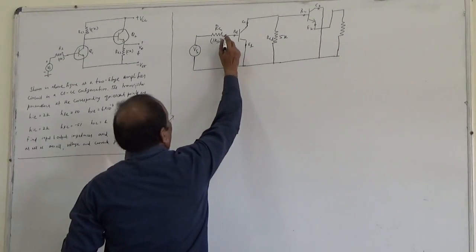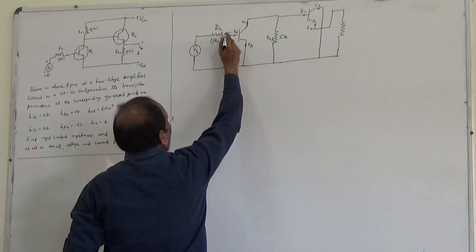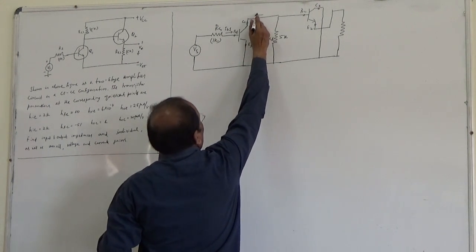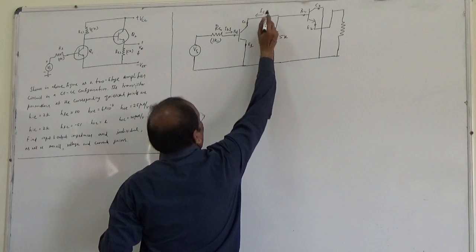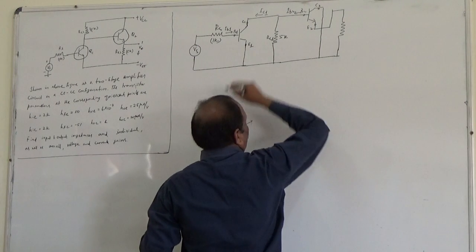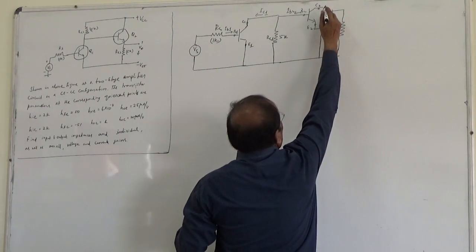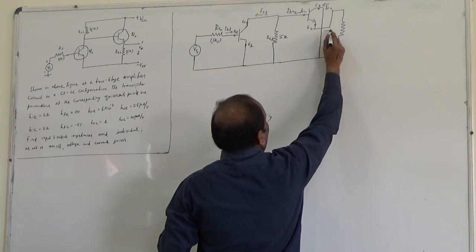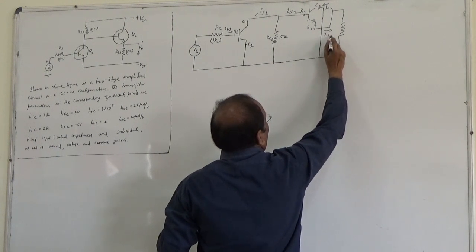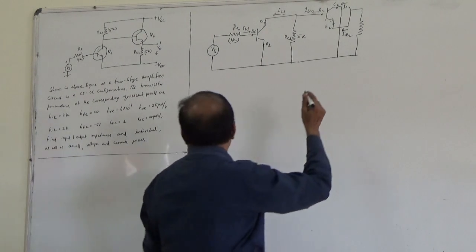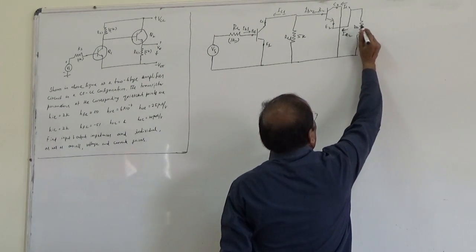This is the base current IB1, this is the collector current IC1, this is the second stage base current IB2, and here you will have IC2 and IE2. You always take the conventional current entering towards the transistor terminals. So this is RE2 equal to 5K.